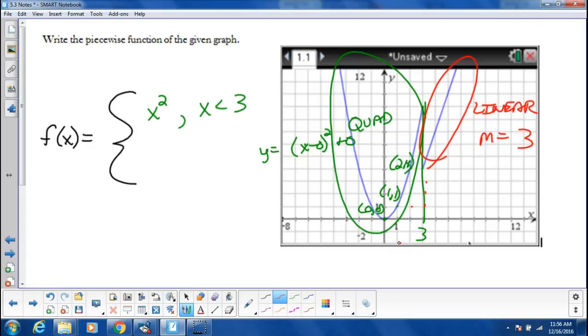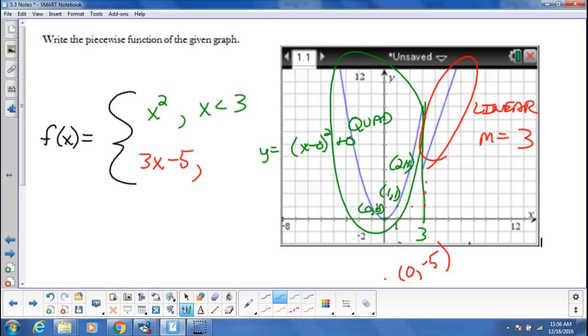So now I'm at -2. 1, 2, 3 over 1 puts me at 0, -5, correct? So what's the equation of that line? 3x minus 5. So my second part here would be 3x minus 5.